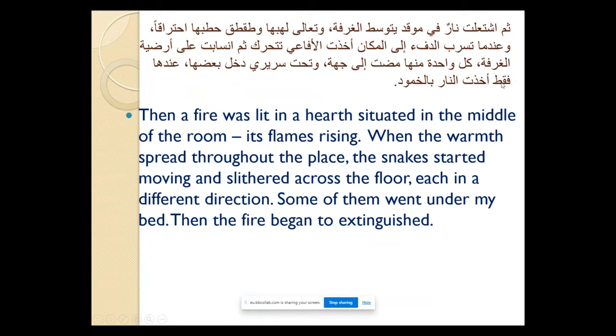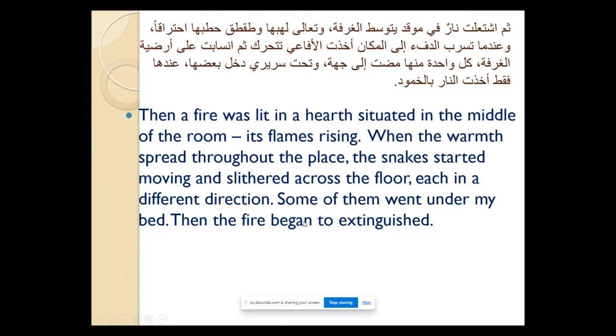Here we have an emphasis being placed on a particular moment of time. So here we should have said only then, right? And أخذت النار بالخمود, it means that this has happened gradually. So began to extinguish is also wrong grammatically, right? At least it should have been to be extinguished, at least.